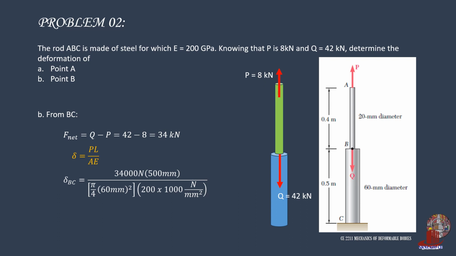Divide this by the cross-sectional area of the lower rod, pi over 4 times the square of 60 mm. Then this is multiplied by the elasticity modulus of steel. The deformation is then computed as 0.0301 mm, and this deformation shrinks the length of the member as the net force is compression.